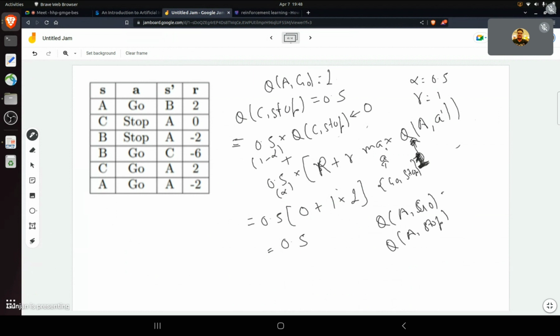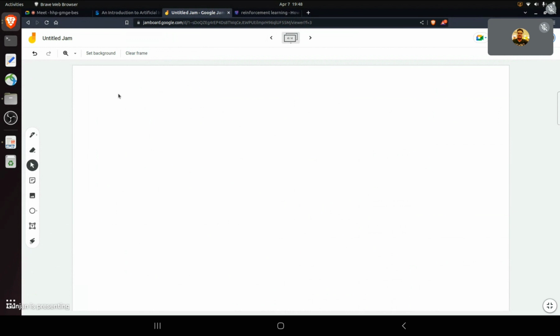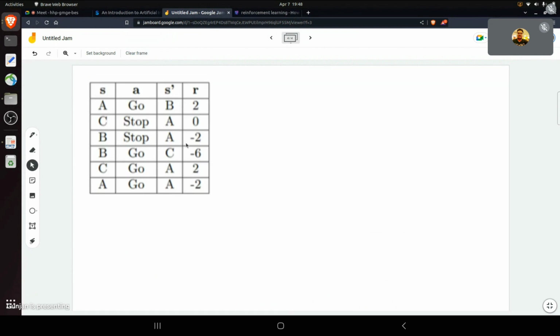Q A comma go is 1, we just calculated it in the last step, and Q A comma stop is 0 because we have not updated it so far. So what is the max of these? 1. So that's why it is max over A dash of Q(A, A dash). Is this clear?